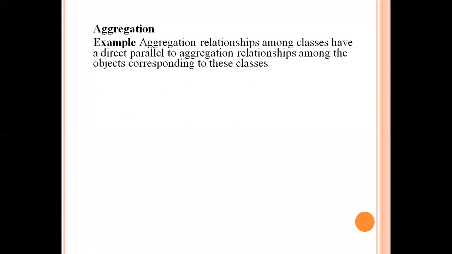And there are four types of relationships among the classes: dependency, association, generalization, and aggregation.